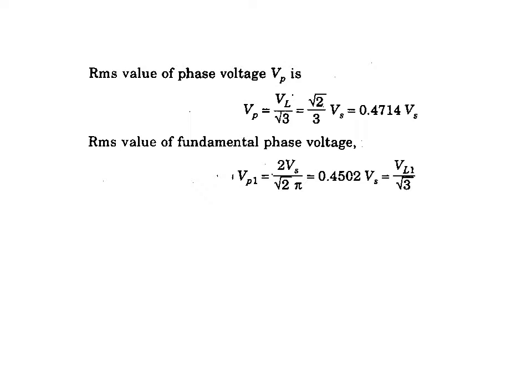So in the 180 degree mode of operation, each thyristor conducts for 180 degrees. That is, if I consider one arm, in one arm we have thyristors T1 and T4.